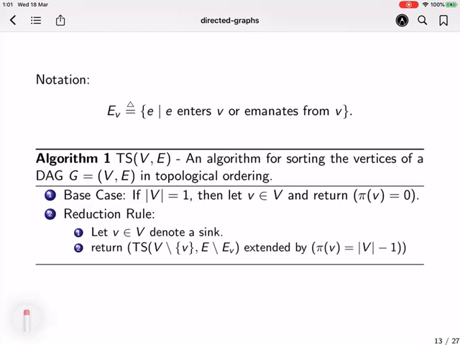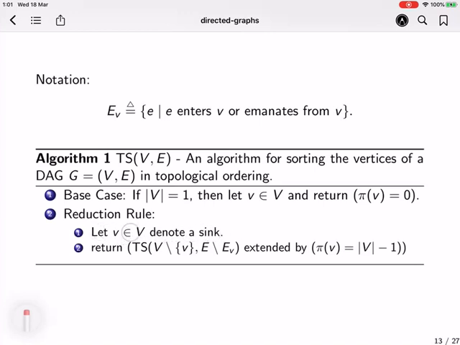The reduction rule, if you have more than 1 vertex, is you find the sink in the DAG. Now, we know that every DAG has a sink, so we can find such a sink. We simply scan all the vertices one by one and look for a node whose out degree is 0.